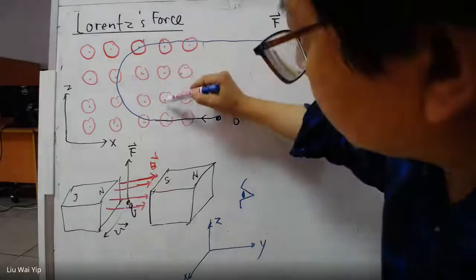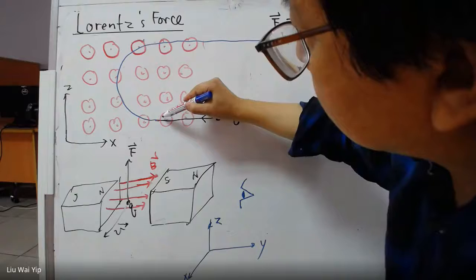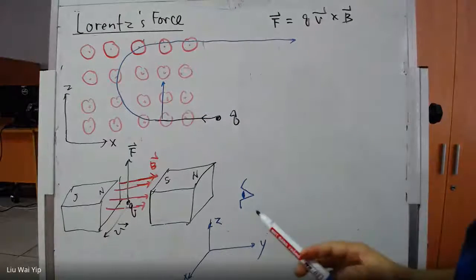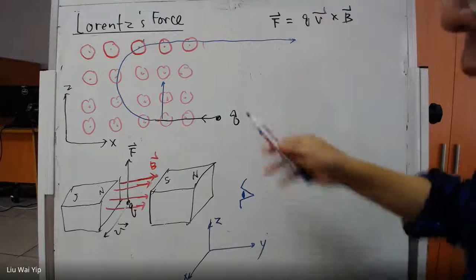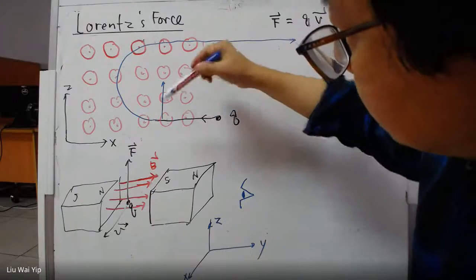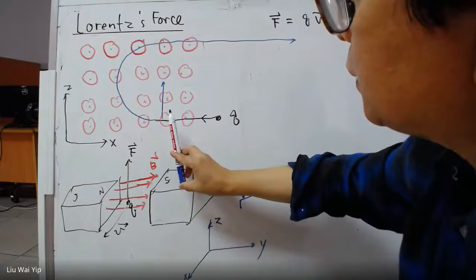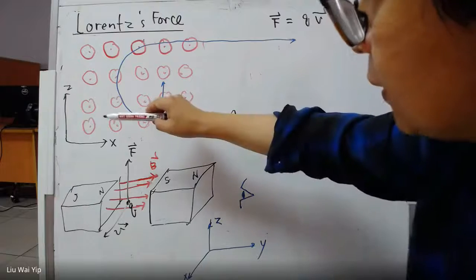So the force that moves this charged particle in the vertical direction is, in the beginning, the charge is moving upwards and leftward.